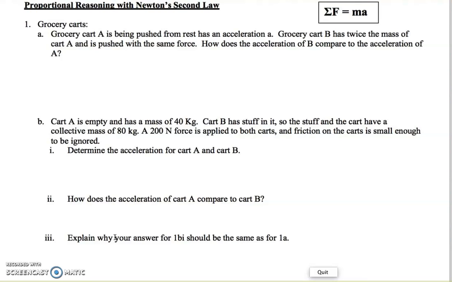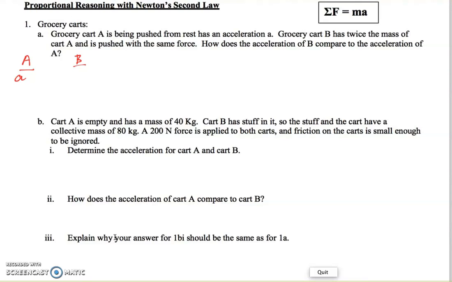First off, one way you can think about proportional reasoning is to consider what we know. Here we have grocery cart A and grocery cart B. Grocery cart A is pushed from rest with an acceleration a.